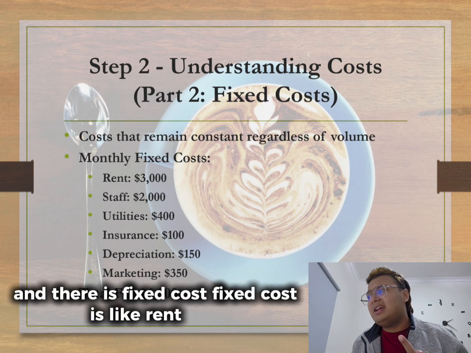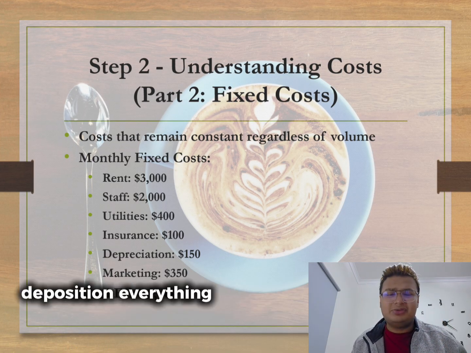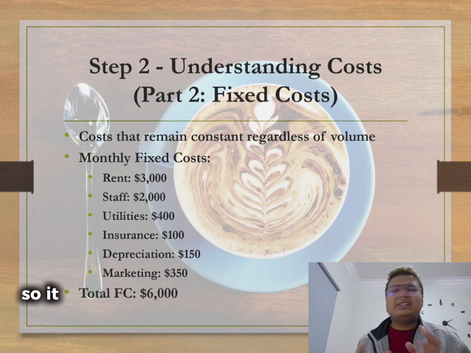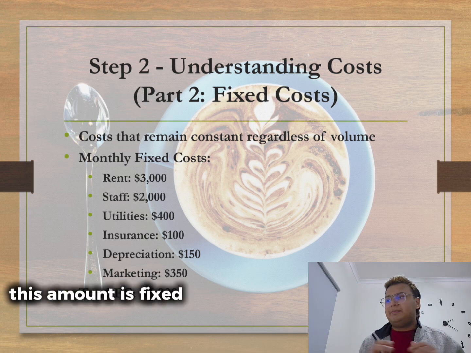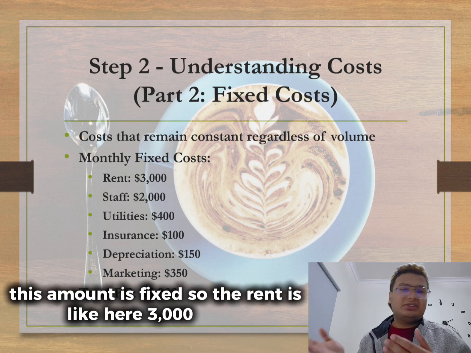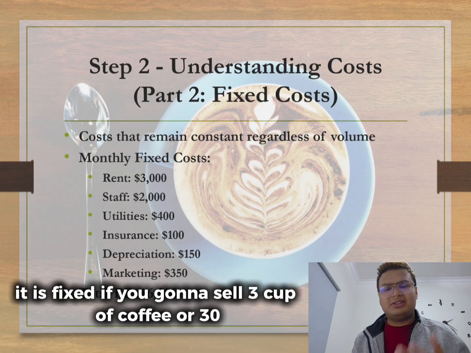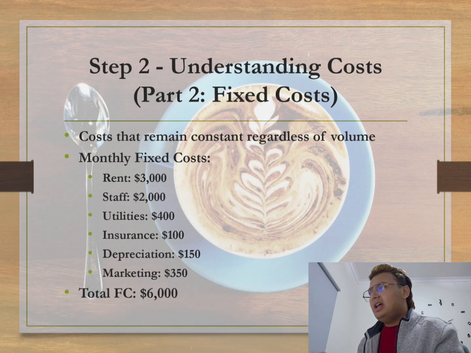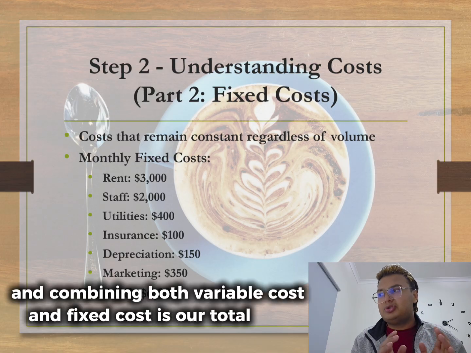Fixed cost is like rent, staff, utilities, insurance, marketing, depreciation, everything which is fixed. These are usually the big numbers, so it doesn't matter how many cups of coffee you sell, this amount is fixed. The rent is $3,000 here, and it is fixed. Even if you sell 3 cups of coffee or 30, the rent is the same. Combining both variable cost and fixed cost gives our total cost.